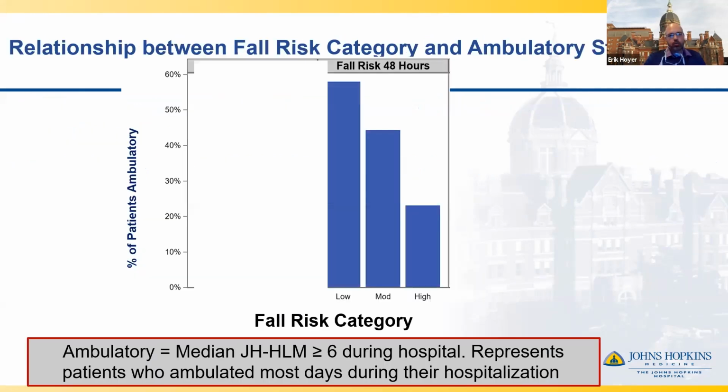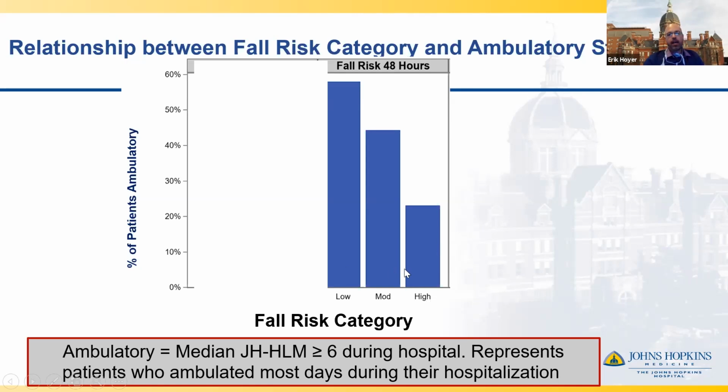And then we started exploring the relationship between fall risk categories and this outcome measure. Here we're looking at patients labeled as high, moderate, or low fall risk, completely unadjusted, within 48 hours. And what we see is a stepwise progression. On the y-axis, I'm showing the percentage of patients who were ambulatory.